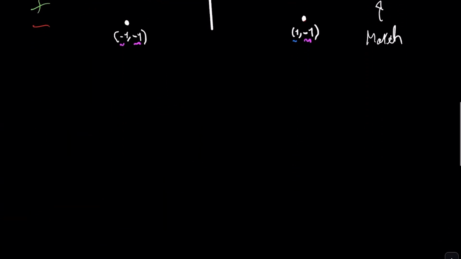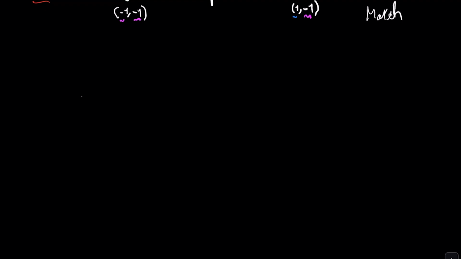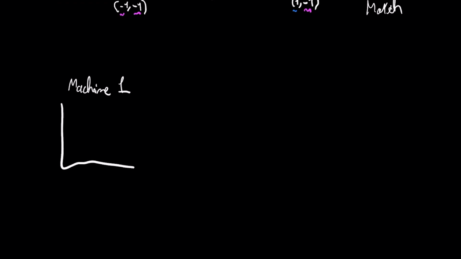So let's say we have our first machine, machine 1, and that's going to have the same setup we looked at, right? 2 weights and 1 bias. Can label these bias, weight 1, weight 2.